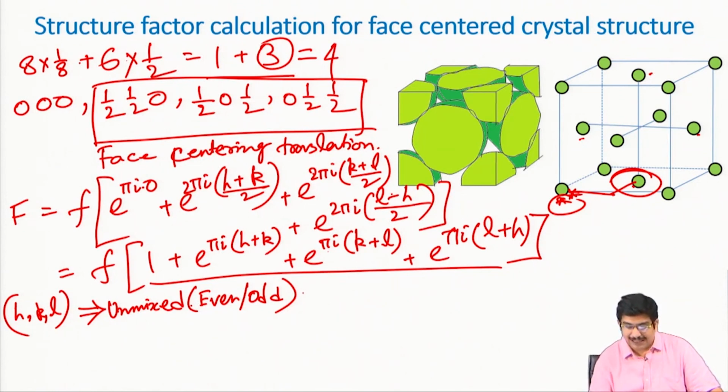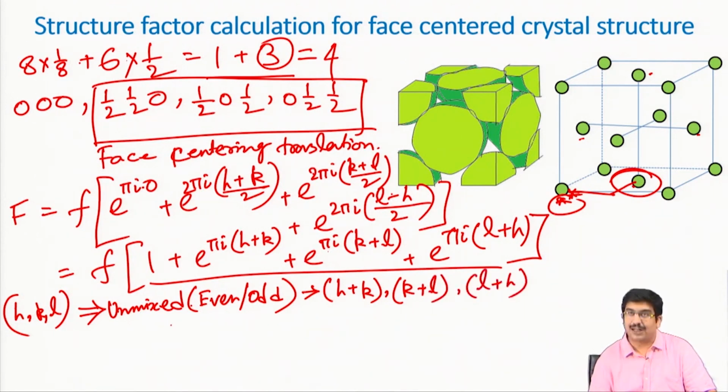Okay? In that condition, if we consider this unmixed, either all even or all odd, then what will happen? H plus K, K plus L and L plus H will all turn out to be even.